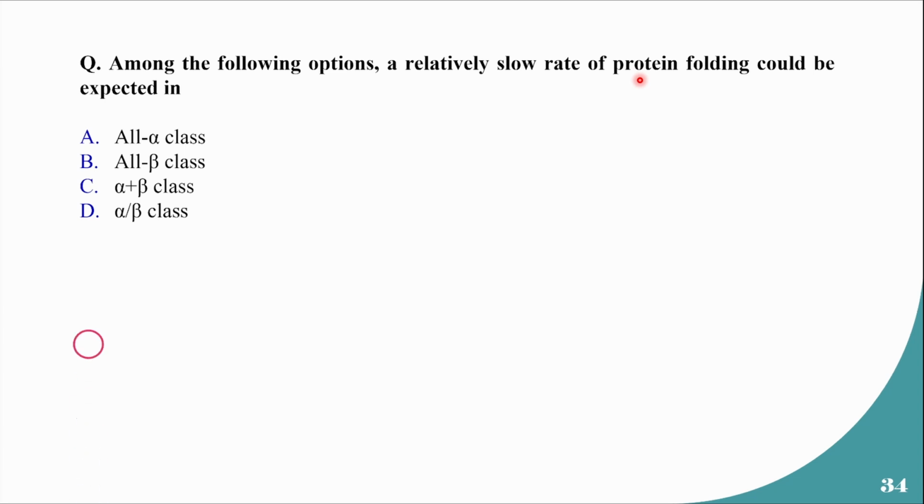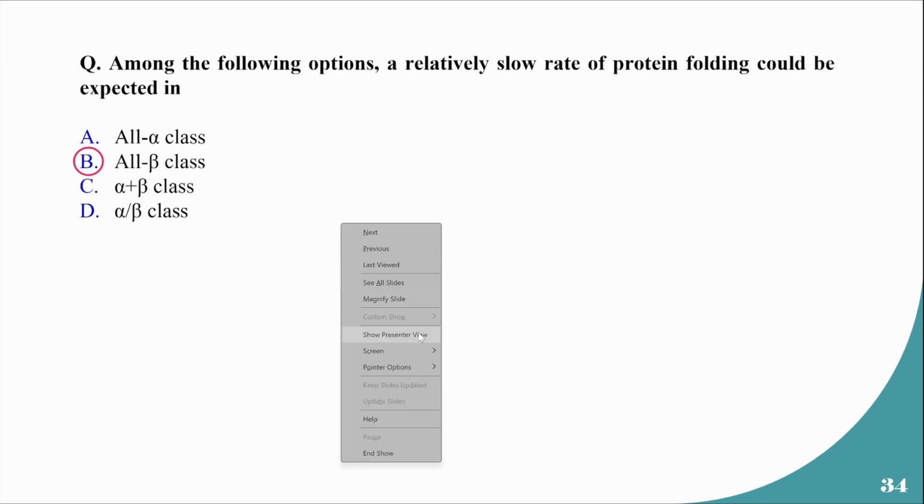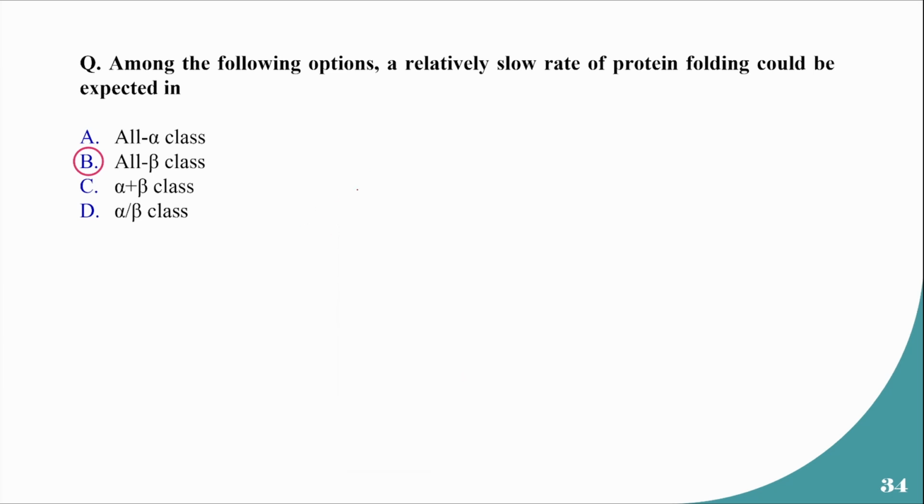Yeah, exactly. In this case, the more long range interaction dominant proteins will be the all beta classes, because if we take a look at the beta sheet dominant kind of structure, the beta strands will be forming hydrogen bonds, right?